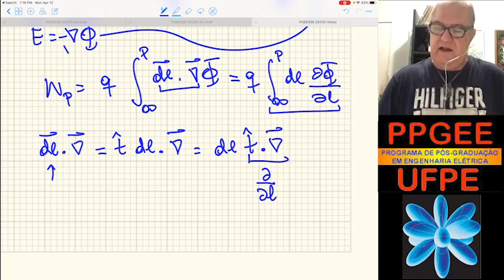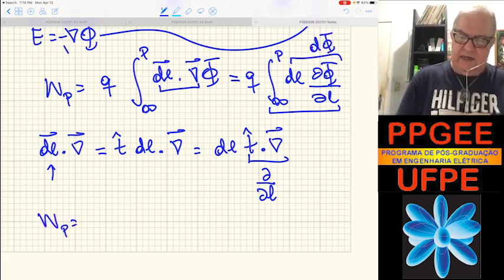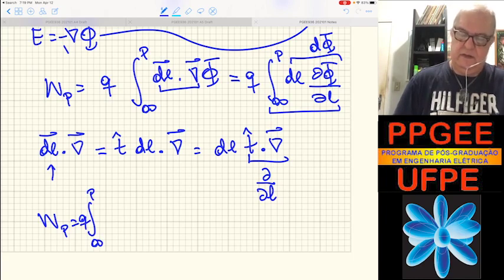So this is the differential of phi, the potential function. Here we have the integral, which we will rewrite, from infinity to P of Q dφ.